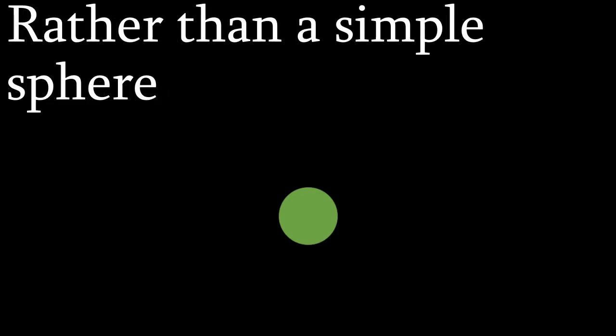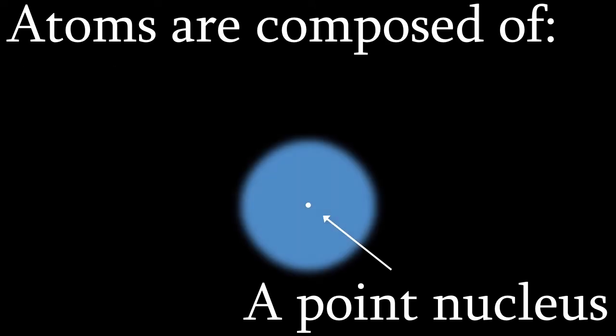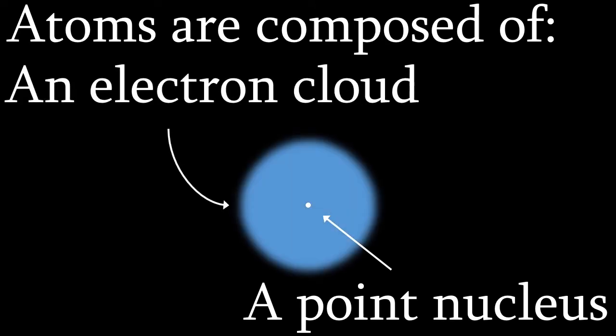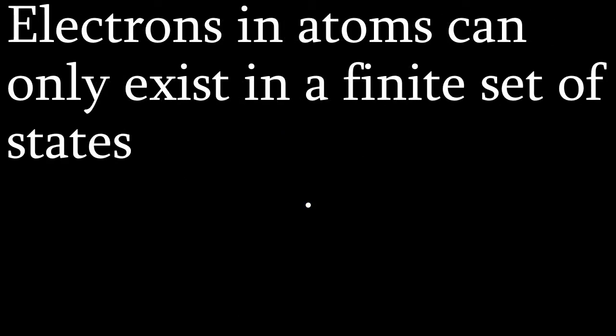Rather than a simple sphere, atoms are composed of a point nucleus and an electron cloud. Electrons in atoms can only exist in a finite set of states.